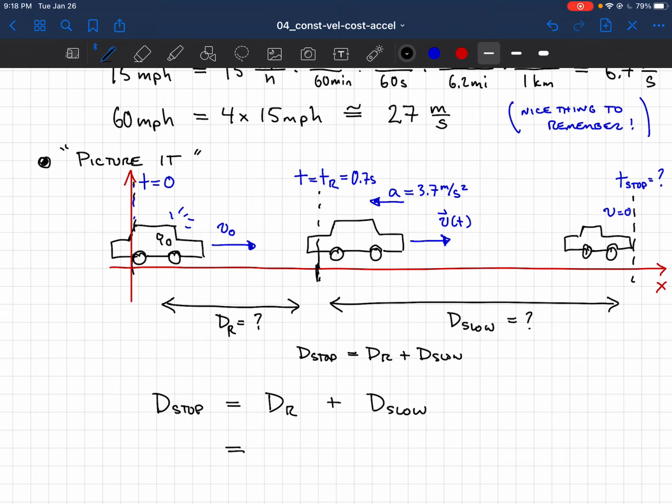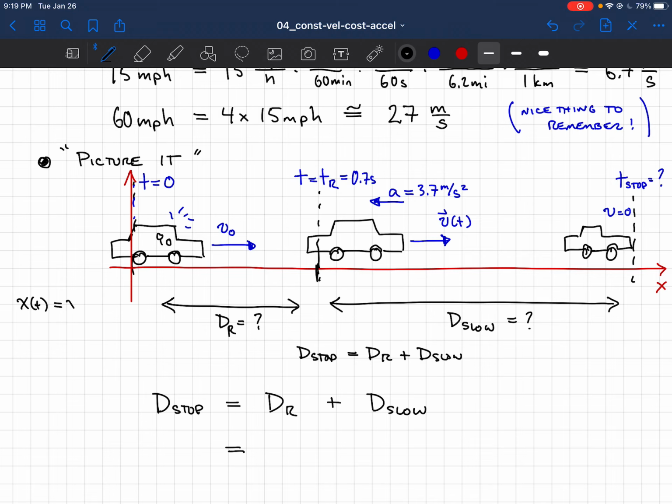And now let's try and use our kinematics to figure out what that is. Well, the distance of the reaction is going to be the distance that it takes while you're moving with a constant velocity. So that's going to be like the x minus x0 of constant velocity. So let's write down our equation.